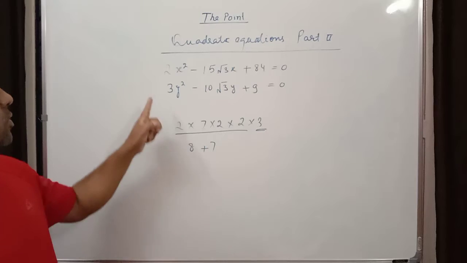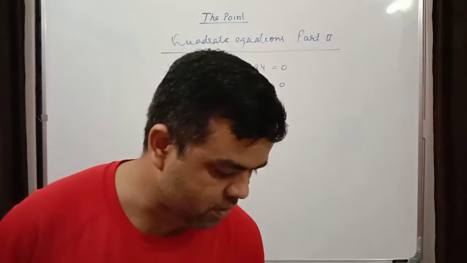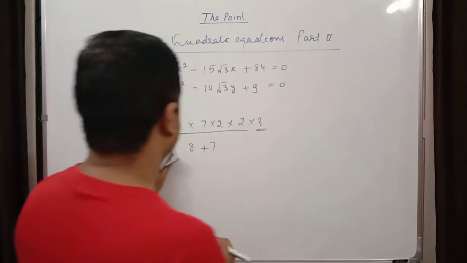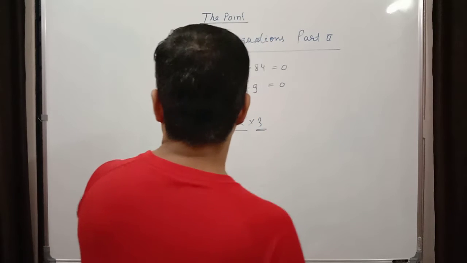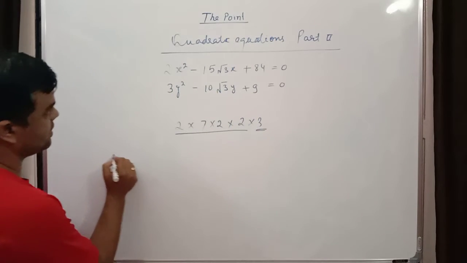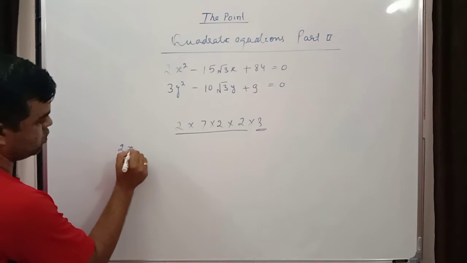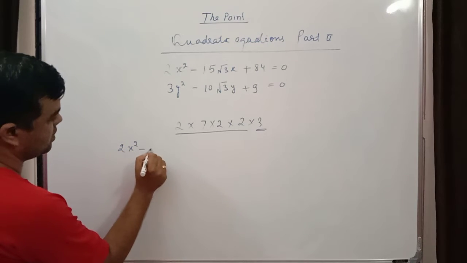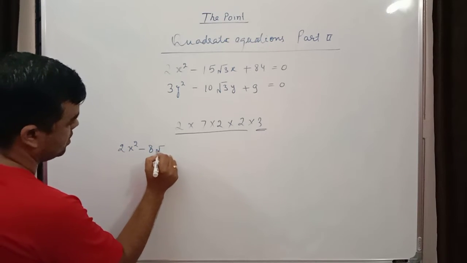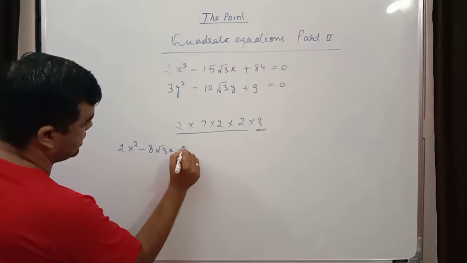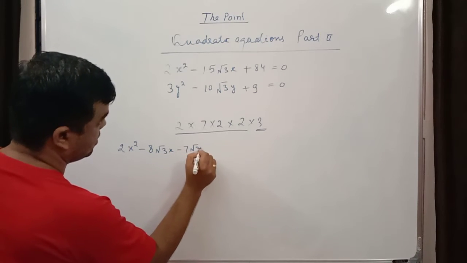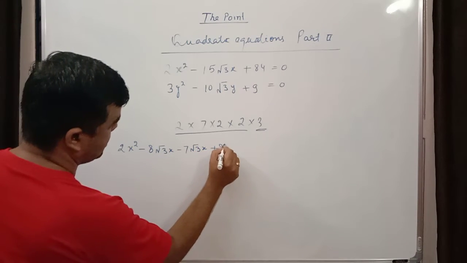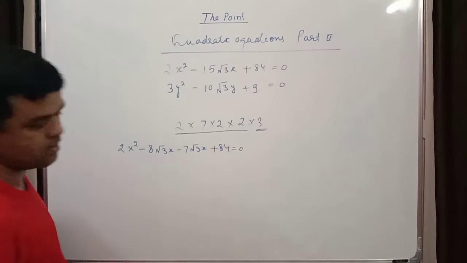Okay, so how will you write the equation? I will write here 2x square minus 8 root 3x minus 7 root 3x plus 84 is equal to 0.